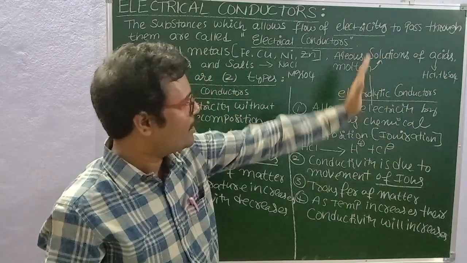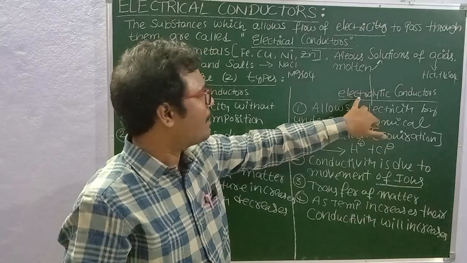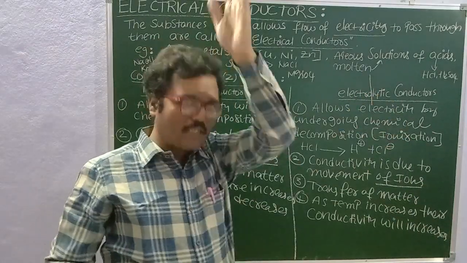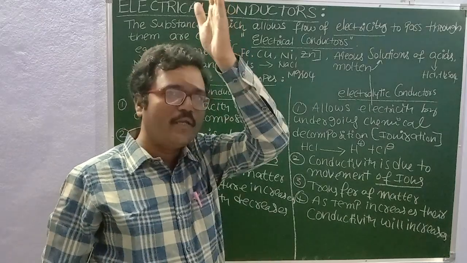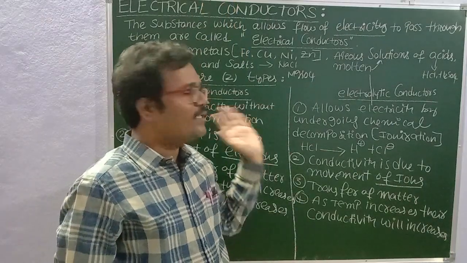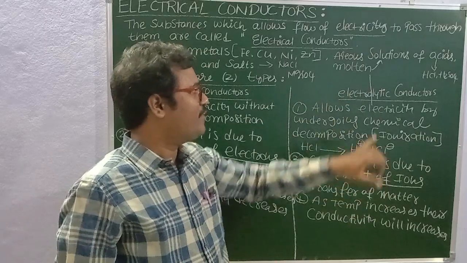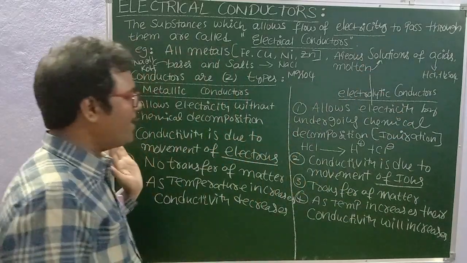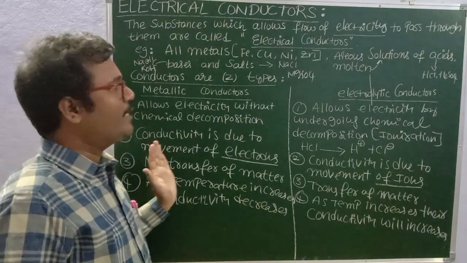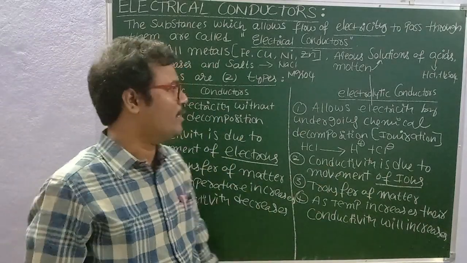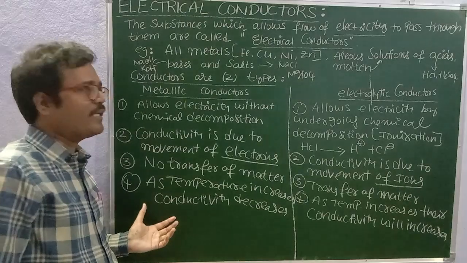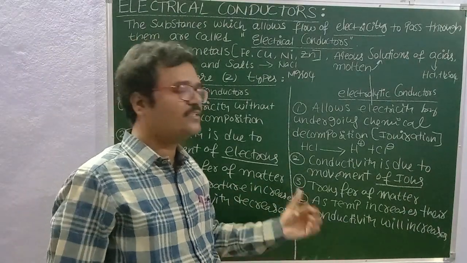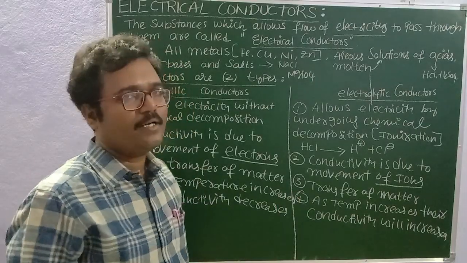Electro means electricity, lytic means breakage, splitting. So that is the major difference between metallic conductors and electrolytic conductors. All metals are examples for metallic conductors. Solutions of acids, bases and salts are examples for electrolytic conductors.